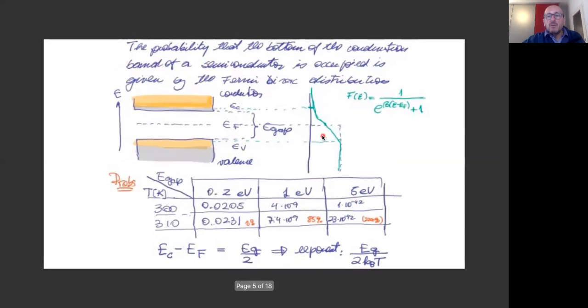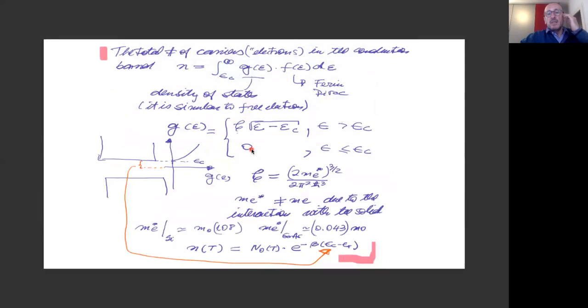Now we were only calculating the probability of finding an electron here. We also know that we could calculate the total number of carriers, electrons, in the conduction band by saying n is this total number.